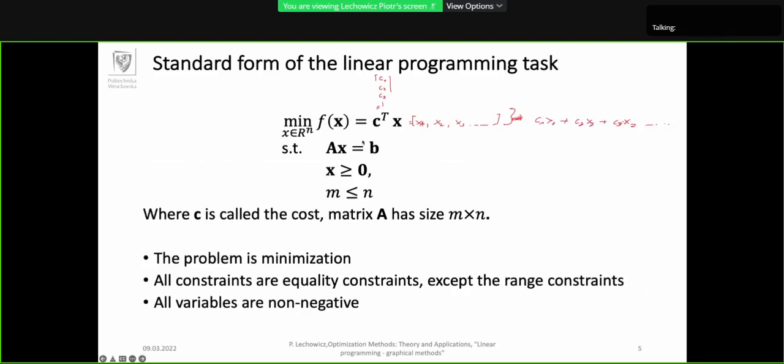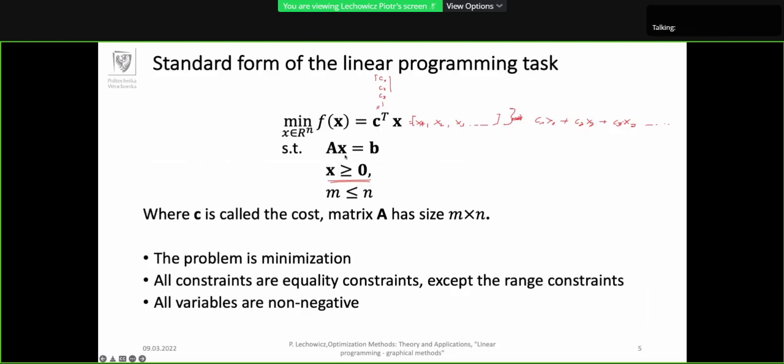So this is our objective function, which is composed of the decision variables multiplied by the corresponding costs. And we have constraints which are expressed as equality constraints. In standard form, we only have equality constraints except the range constraints.